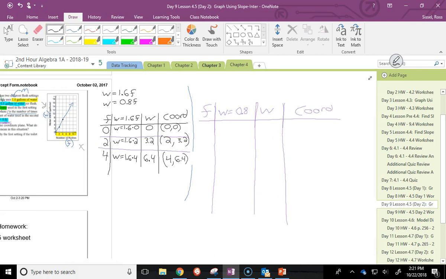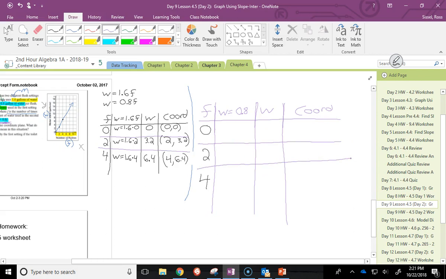And now I'm going to go ahead with the same coordinates I did before: 0, 2, and 4. And we solve this just like before. W equals, oh, I forgot the F up here, 0.8 per flush.